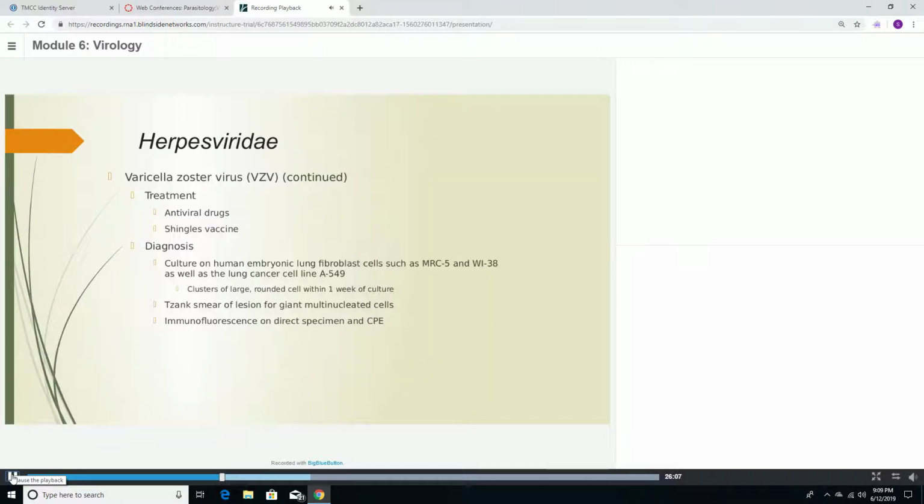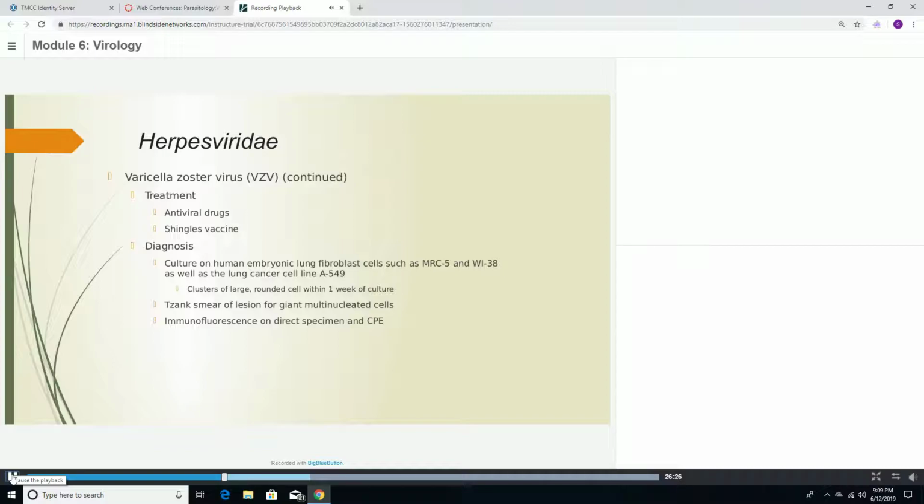My dad actually had a shingles infection, and the rash was long gone, but he was still having pain up to 6 months later. So it's something you really don't want to mess with too much or come in contact with. The varicella zoster virus can be treated with antiviral drugs or the shingles vaccine.